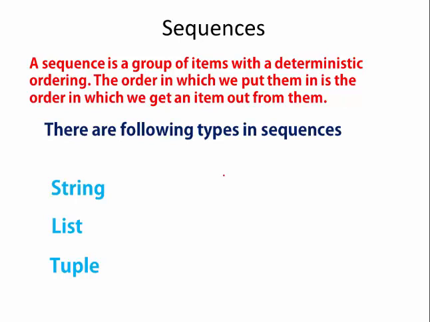If you have put something in a certain order, let's say 5, 7, 1, 2, we will get them in this order only. So these we call sequences, whether it is a string, a list, or a tuple. A little bit of difference is there that we are going to learn next.